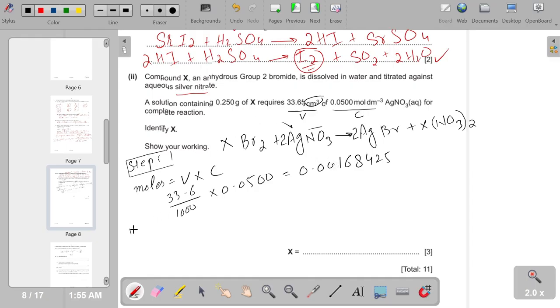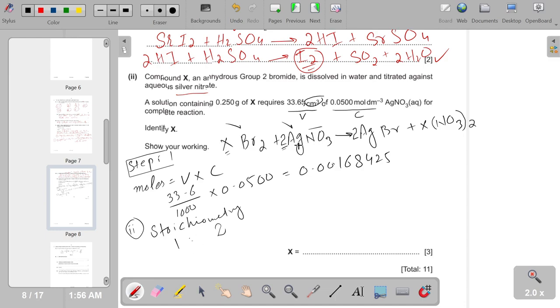Now step 2, find the moles of this. You can see they are 2 moles and 1 mole. So step 2 is find the stoichiometric ratios. You can see this is 1:2.